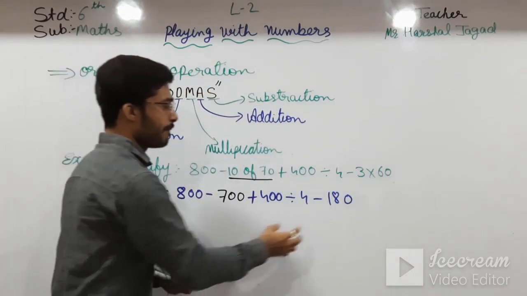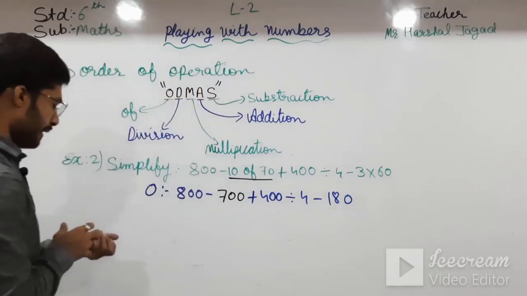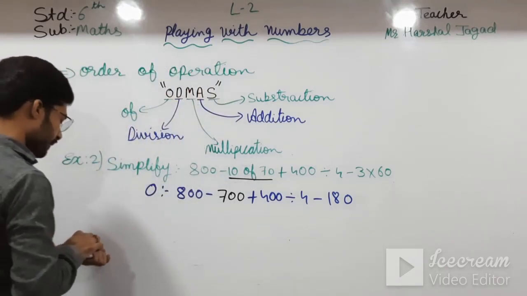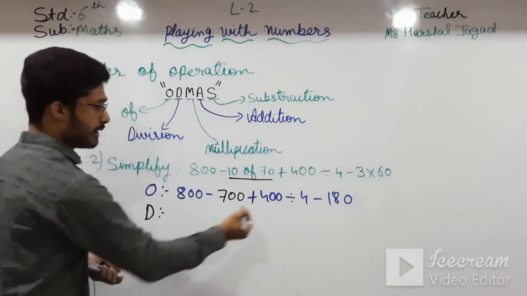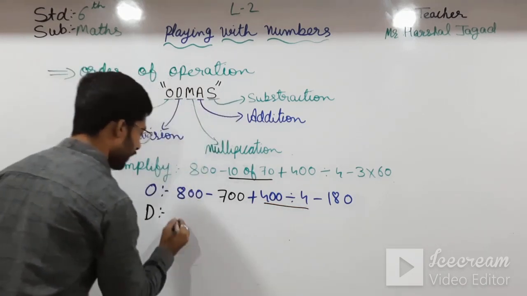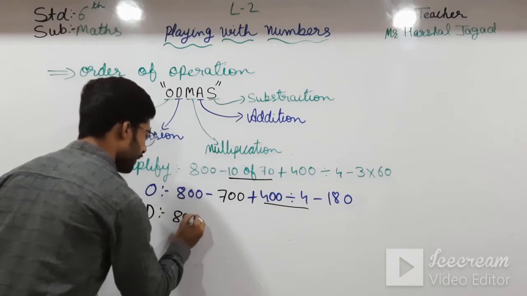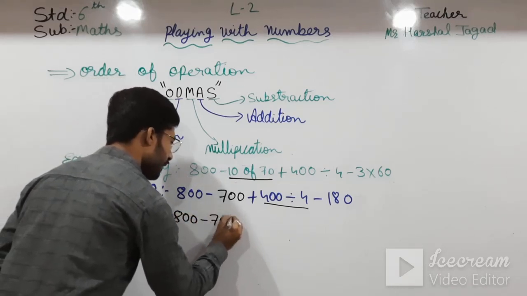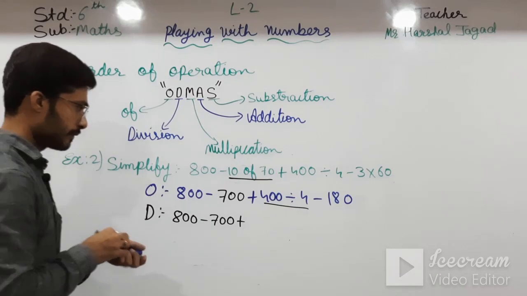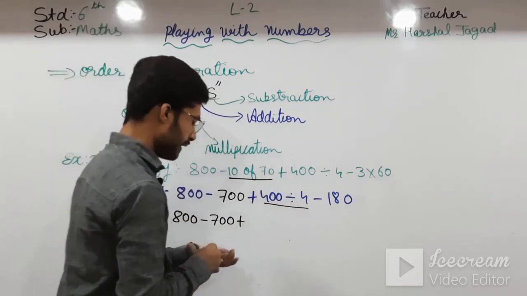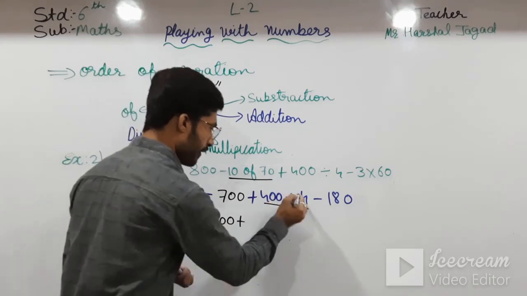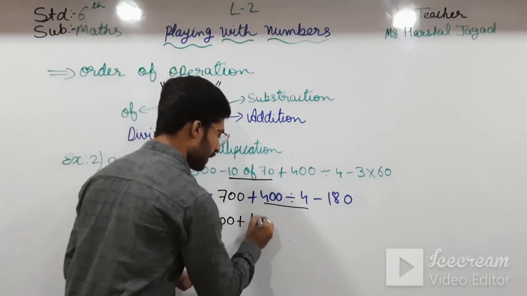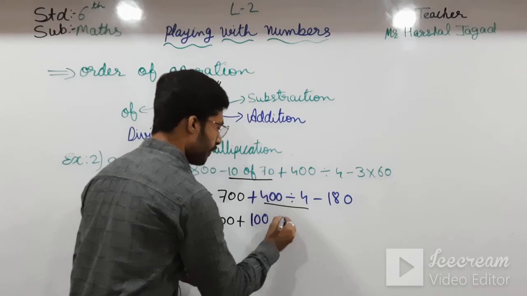Okay, students, 180. Next comes D. What is D? D means division. It is over here. That is 800 minus 700 plus, that is 100. 4 divided by 400, that is 100 minus 180.